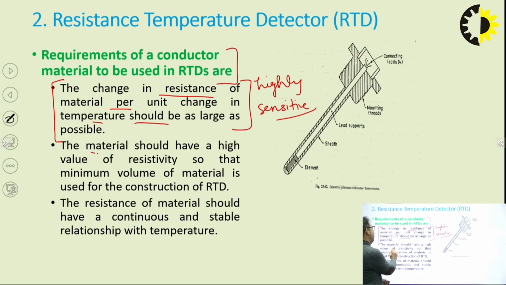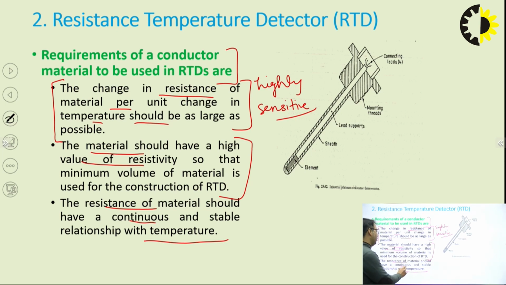Second is, the material should have a high value of resistivity, so that with a minimum volume of that material we can construct our temperature detector. And third is, there should be a linear relationship between the temperature and the resistance. It should not be non-linear.